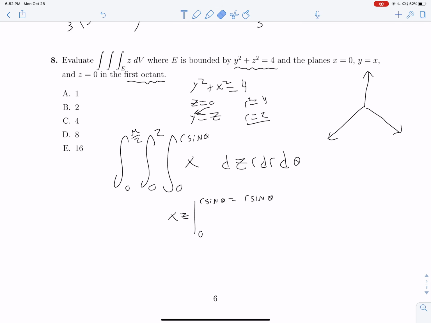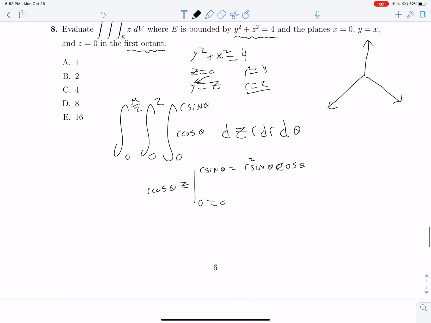Oh, and this x is going to be r cosine theta. Glad we caught that. So r squared sine theta cosine theta. And this is, of course, going to be 0 at the lower bound.